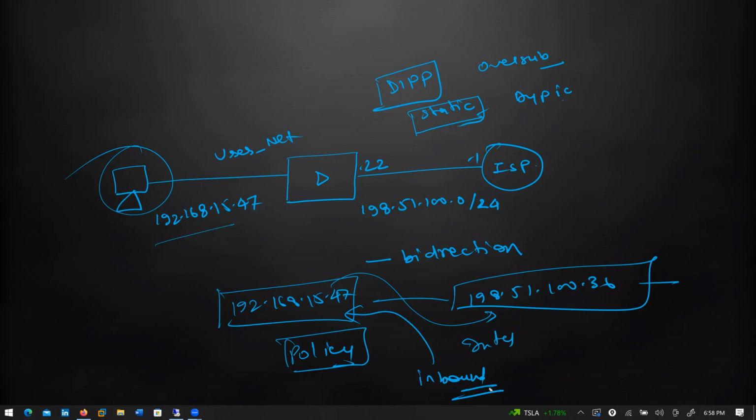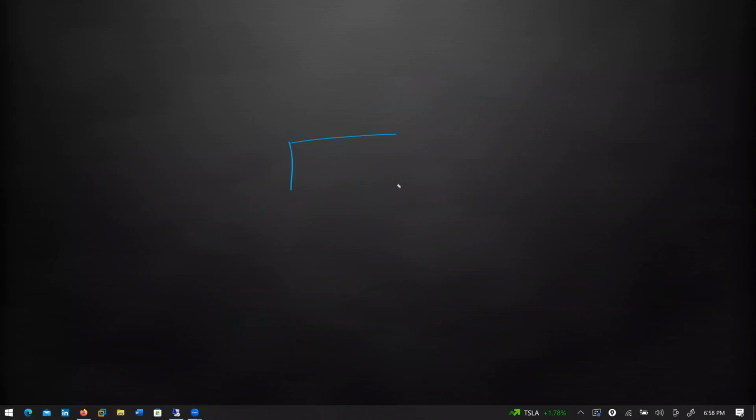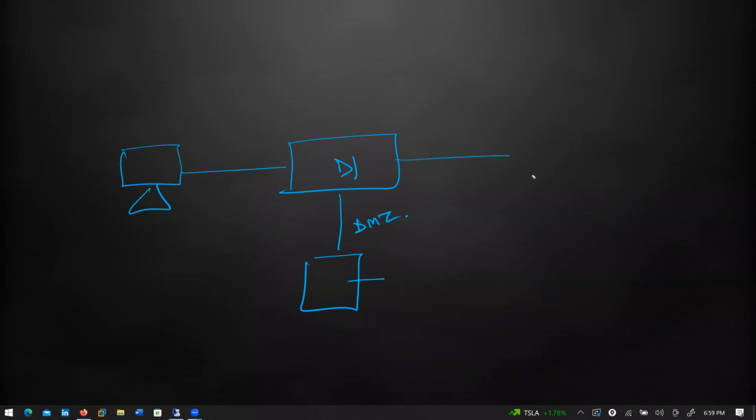But let's consider a situation where we need to publish our service over here, let's say in a DMZ zone. Here is the client and here is the ISP. I'm going to use the same IP 100.22. This is our internet. This is our extranet.